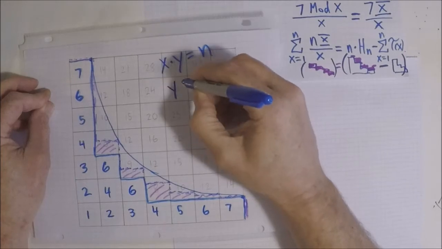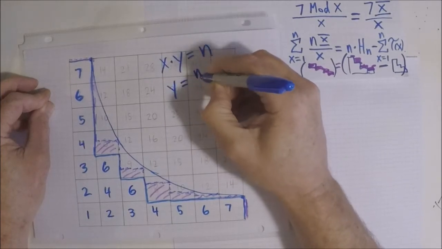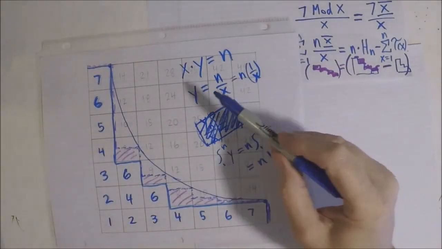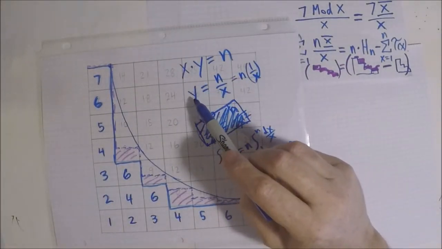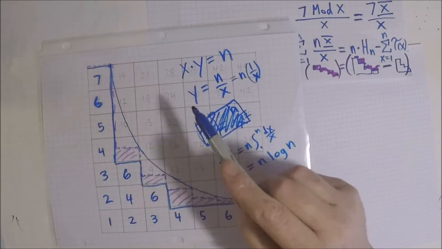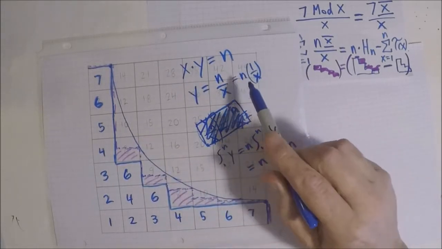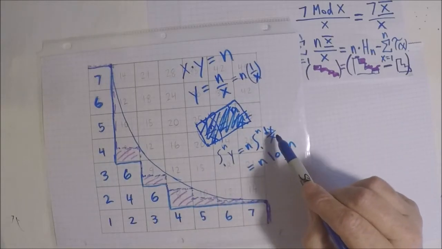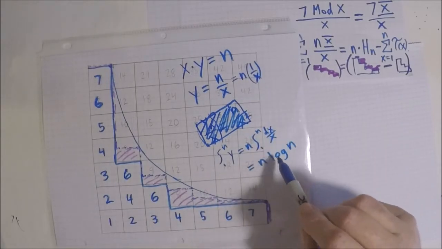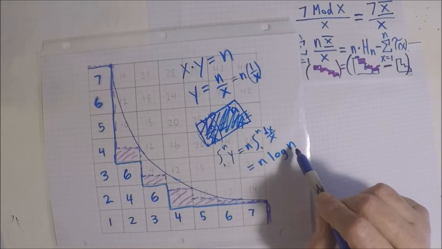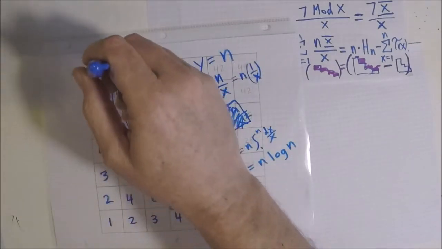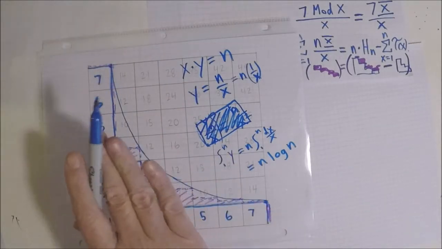Dividing both sides by x, we get our step function y equals n over x, and of course we can factor out the n and look at it as n times the term 1 over x, and then we can integrate both sides, and we end up seeing that the area under the curve is equal to n times the log of n.